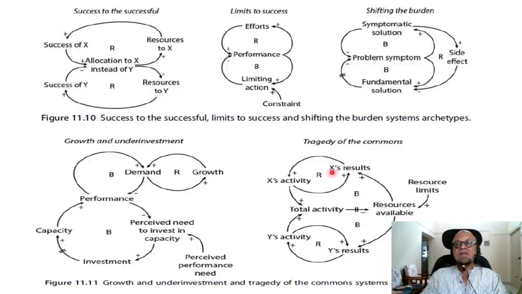And this is the problem of an open access resource. Tragedy of the commons is where there are multiple players using the resource without worrying about what the total activity of X and Y will be on the resources available and where the resource limits come from.